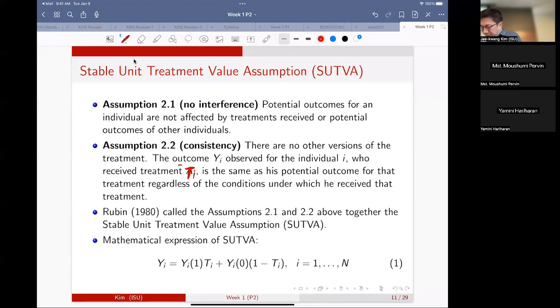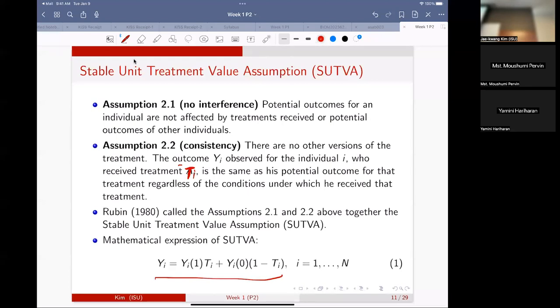So basically, mathematically, this is the description of the assumption. I already used it right before, but basically we use this as a fundamental key assumption, where the left side is the observation, right? The right side is a potential outcome.